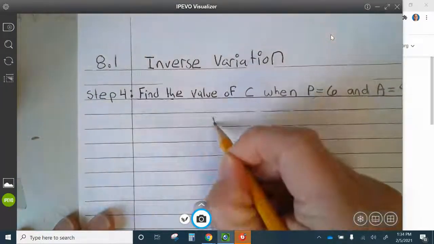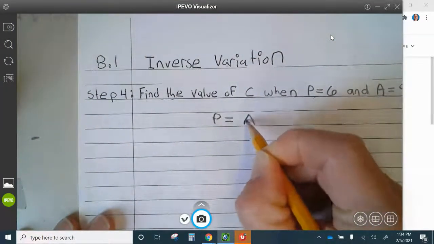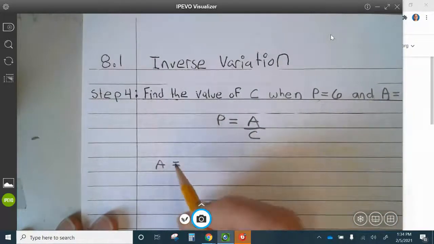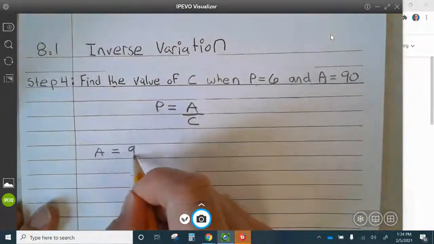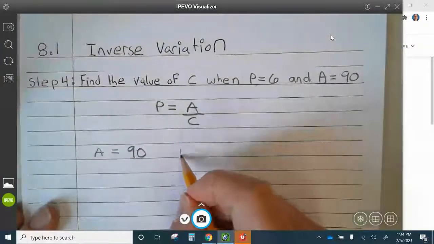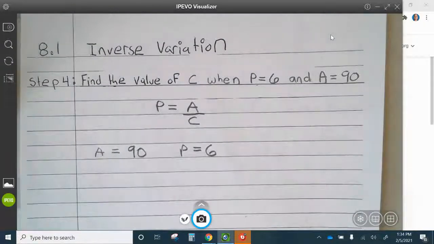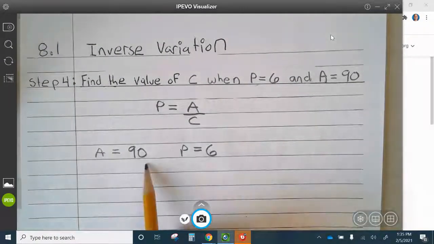So P equals A divided by C, and we know that A equals 90, and in this case we're told that P equals 6. Okay, so let's plug these numbers in.